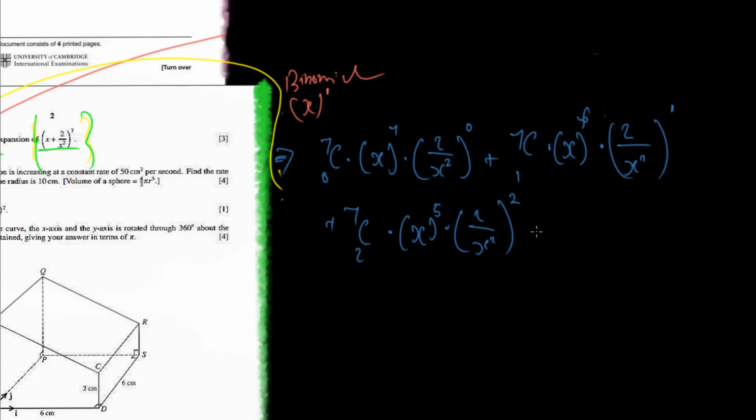Now you can keep on writing all the way to the last term, but it's just not necessary. From this point, we need to look at which term will qualify to give us a power of x raised to 1.